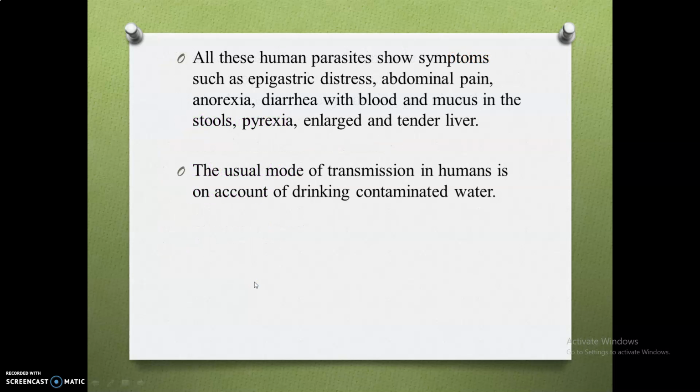All these human parasites show symptoms such as epigastric distress, abdominal pain, anorexia, diarrhea with blood and mucus in the stools, pyrexia, and an enlarged and tender liver. The usual mode of transmission of these parasites in humans is by drinking contaminated water.